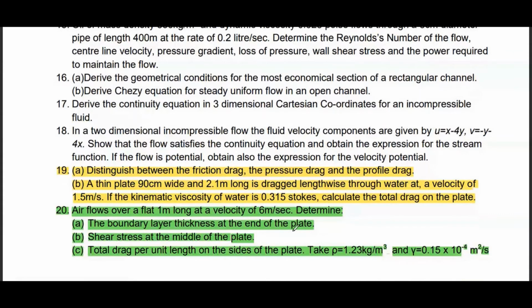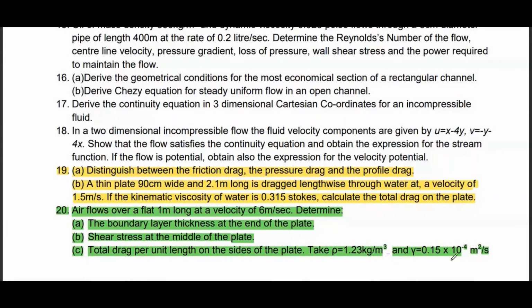That means the flow over 1 meter length, after 1 meter, what is the boundary layer thickness delta? You have to find the Reynolds number there, because all those correlations are in terms of Reynolds number. The density of air here is 1.23 kilogram per meter cube, given in the question.